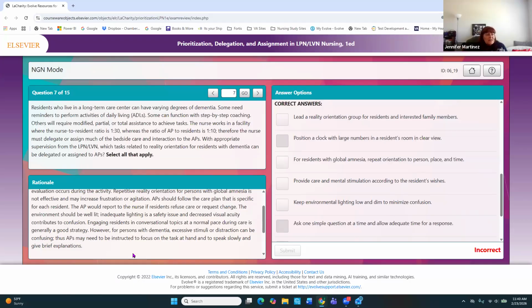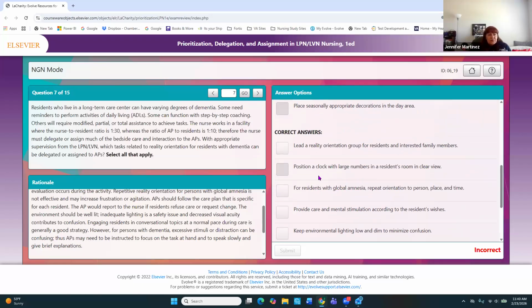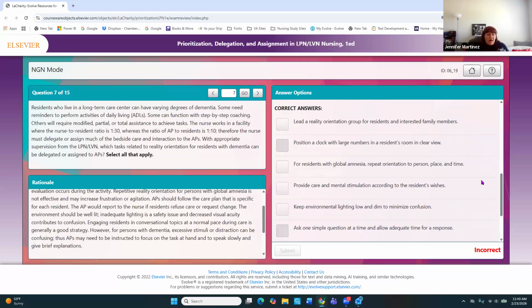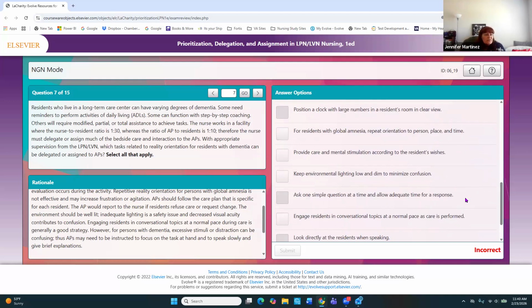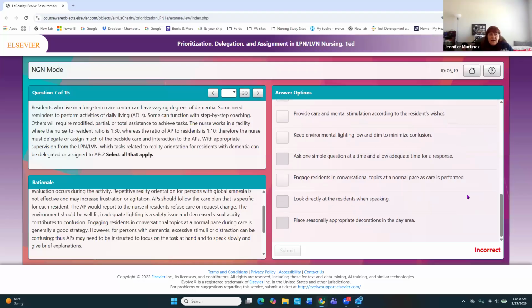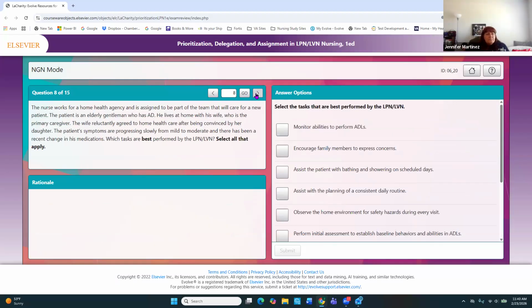Thus, APs may need to be instructed to focus on the task at hand and speak slowly and give brief explanations. So the AP can position the clock, ask one simple question at a time, look directly when speaking, and place the seasonally appropriate decorations in the day area.